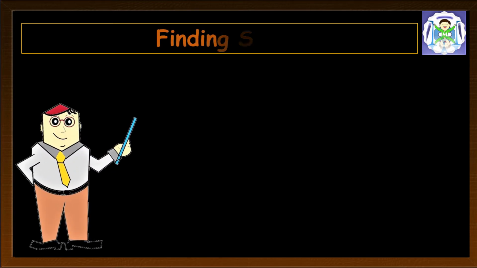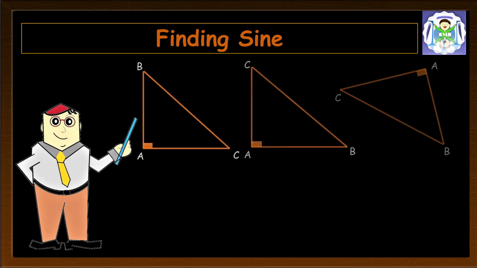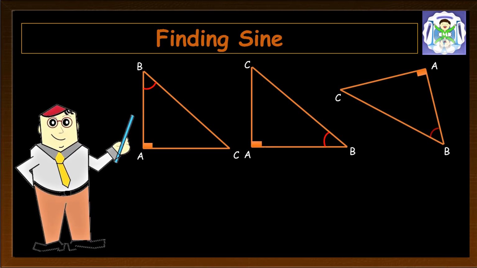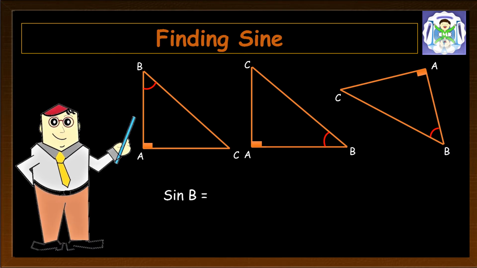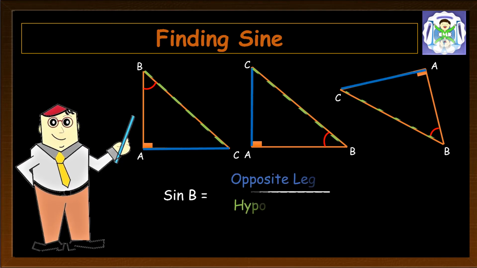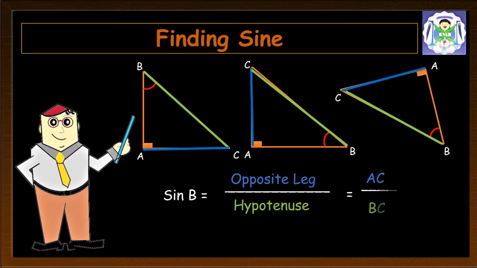Okay, so here we have three different right triangles ABC and we have the angle at point B. So sin B is equal to opposite leg divided by hypotenuse, or opposite leg over hypotenuse, which is AC over BC.